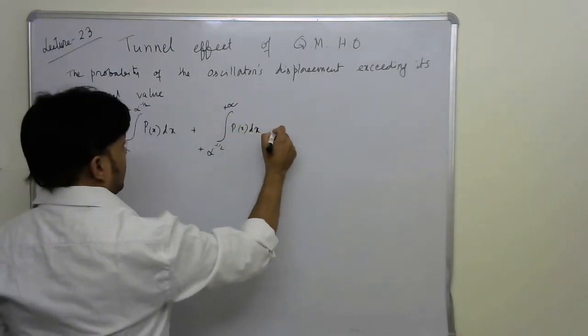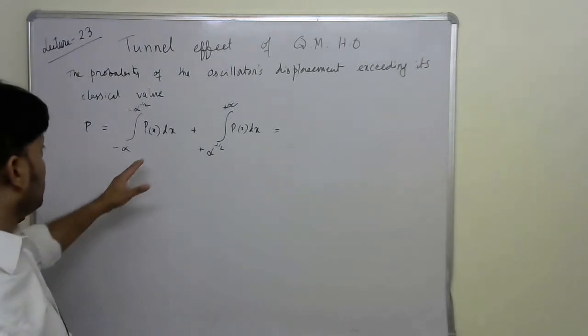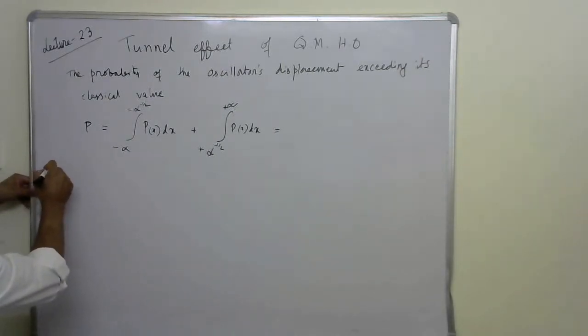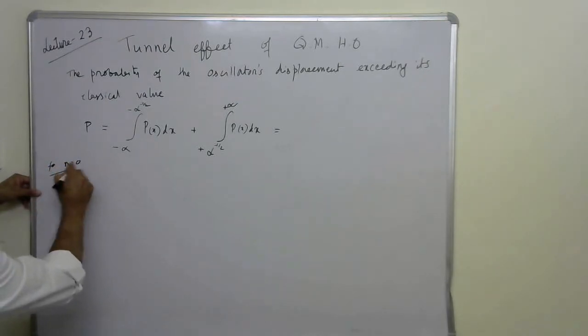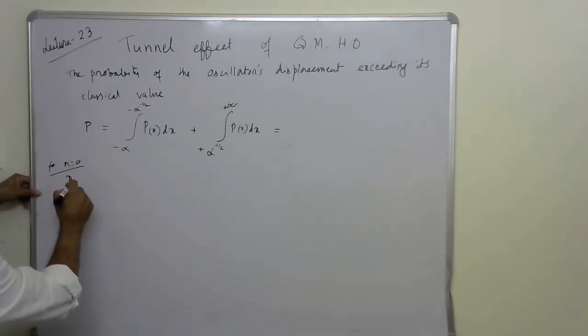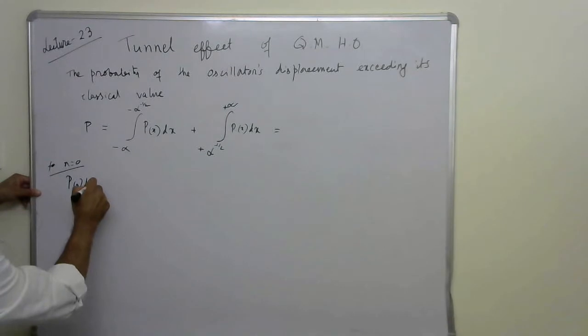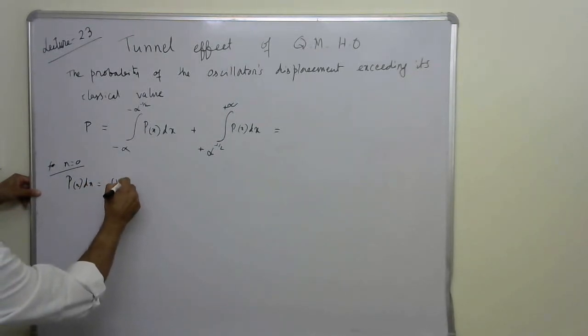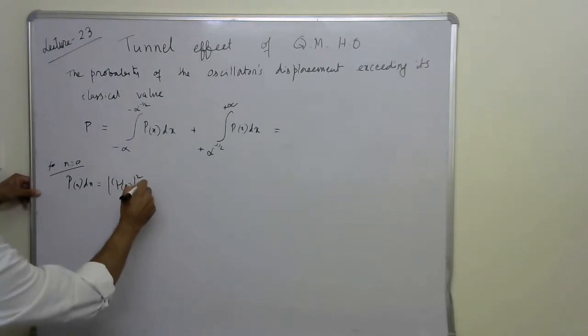So now what is P(x) dx? We are considering n equal to 0, and P(x) dx is basically, as you remember, psi(x) squared dx.